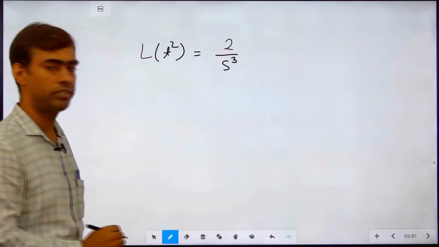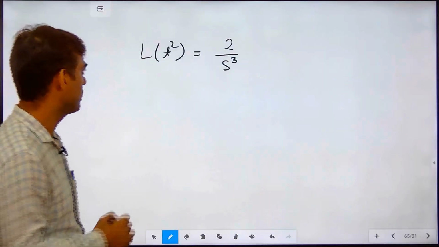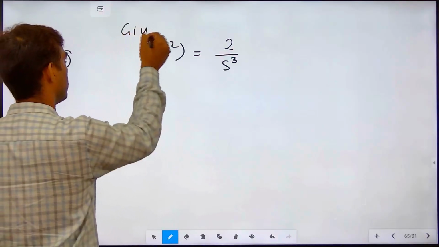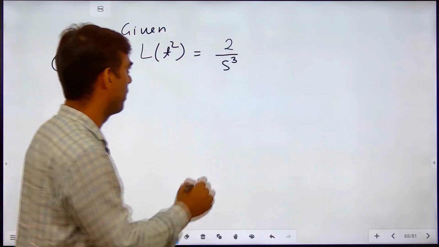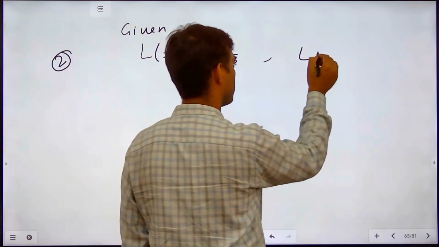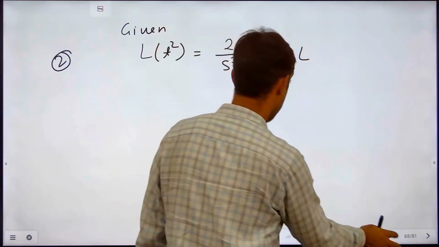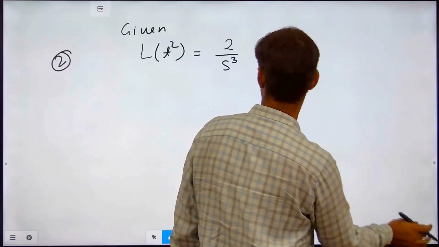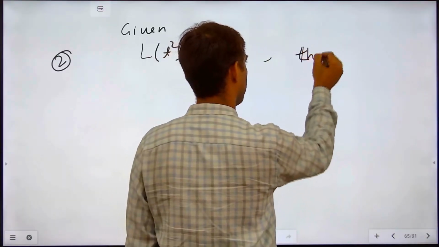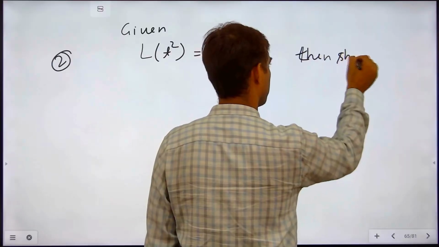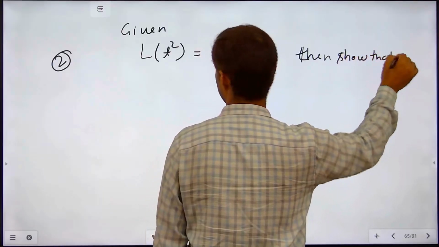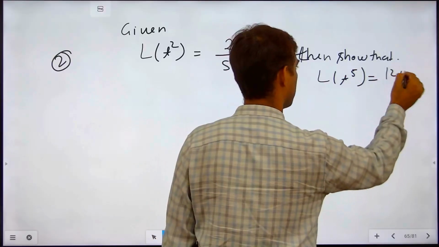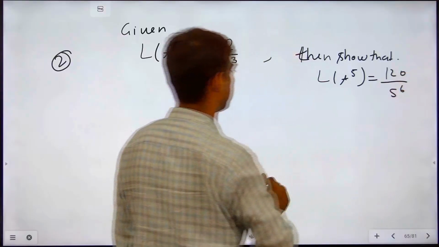This one is given. Given the Laplace transform for t square, we need to find, or prove, that the Laplace transform for t to power 5 equals 120 upon s to power 6.